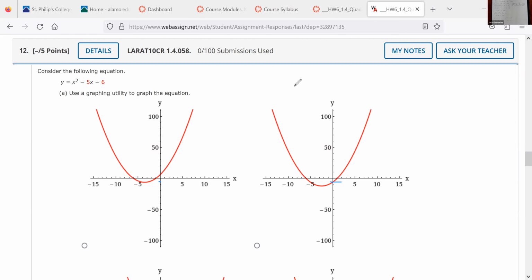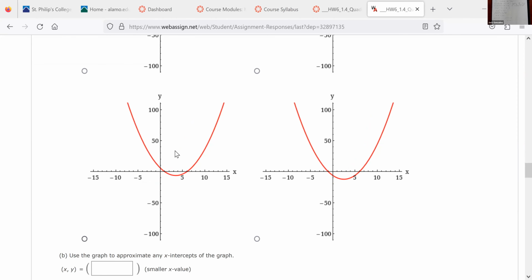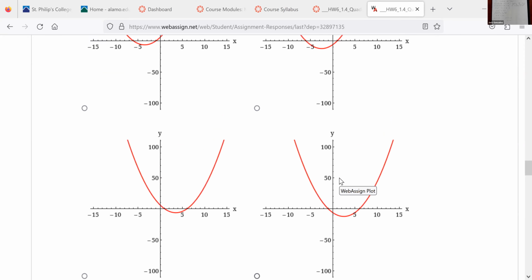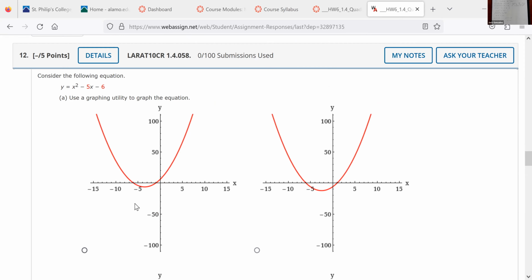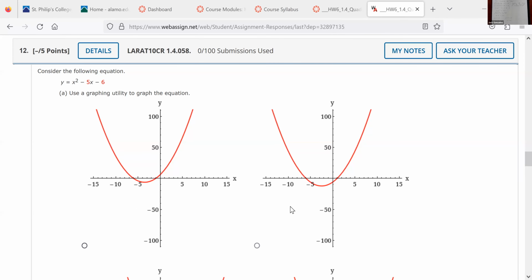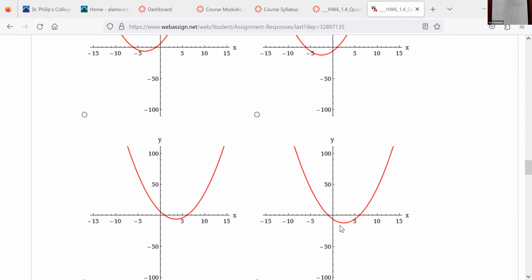This hits it. This C does not. D does. So it's either A or D. So you can either solve this to find the intercepts and see which one matches up with A or D. You can complete the square and then find the vertex and see where that center point, that vertex value, is.